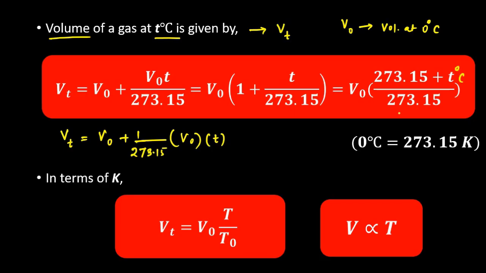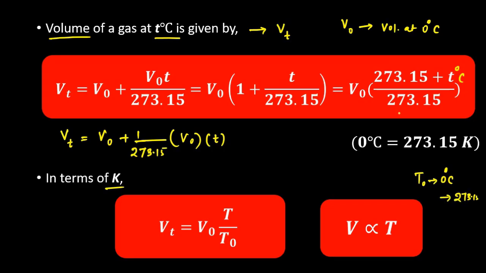So in terms of Kelvin, we have Vt is equal to V0 into T by T0, where T0 is 0 degrees Celsius, which is equal to 273.15 Kelvin.